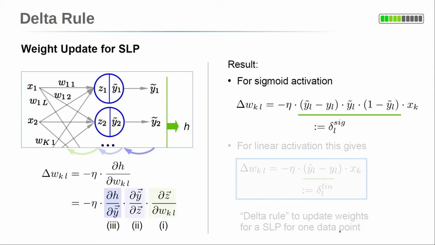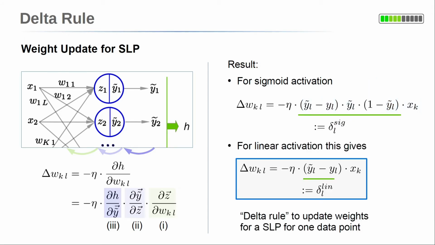Using a sigmoid activation function for sigma gives for the weight update delta w_kl equals minus eta times the difference of model output and data, y tilde minus y, times the model output y tilde times 1 minus the model output y tilde, times x_k. So the weight update is expressed just in terms of the data and the model output for all weight parameters.